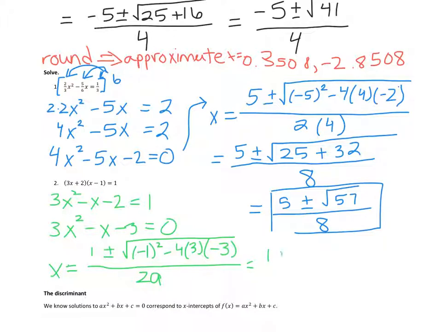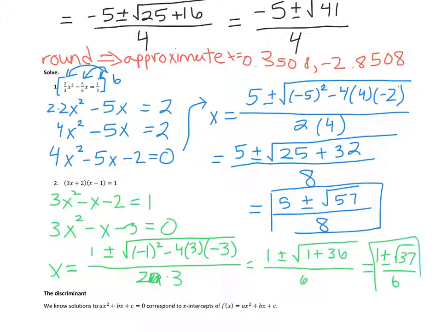So 1 plus or minus the square root of 1 plus, let's see, that would be 36. 4 times 3 is 12, times negative 3 is negative 36, so negative negative makes a positive. Ooh, and I wrote 2a. I should have written 2 times 3, which is 6. All right, so 1 plus or minus the square root of 37 over 6. And then that's your solution.